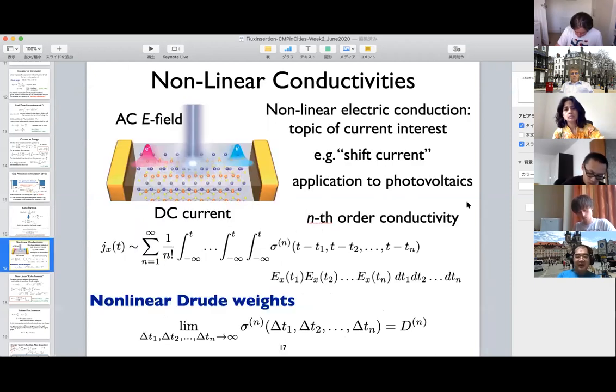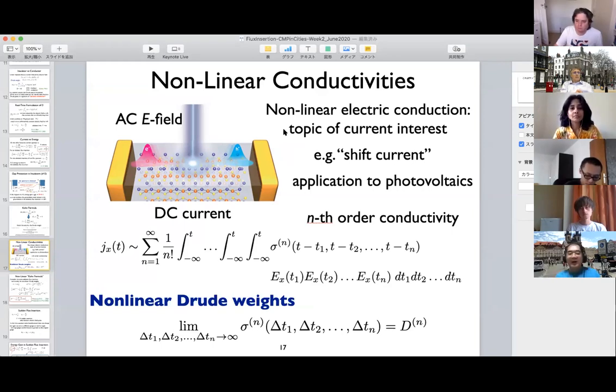That is, we can extend this idea to nonlinear electric conduction. For a long time, theorists have been focusing on linear response theory, because linear response is already non-trivial, not easy to calculate conductivity, and it works well, rather surprisingly, to explain many experiments, even when the assumption of linear response is not so obvious.